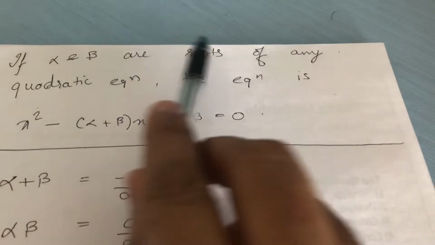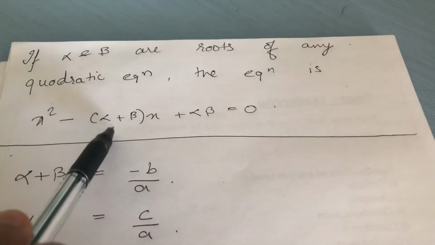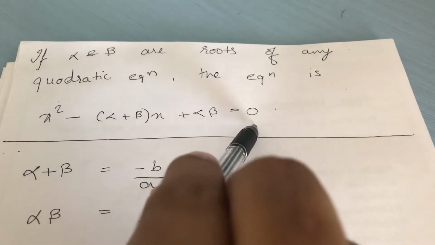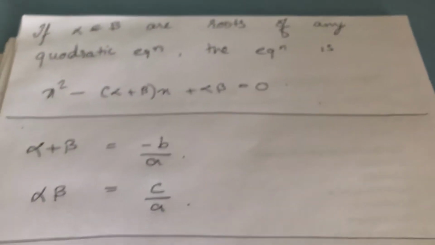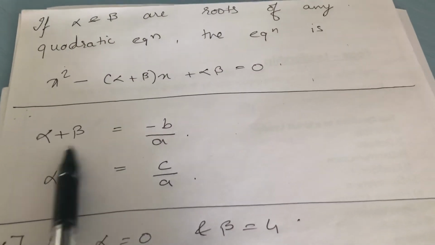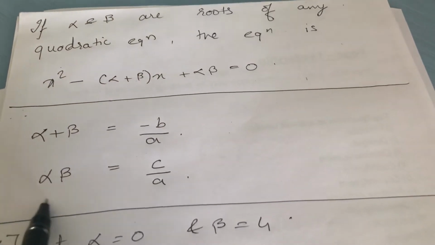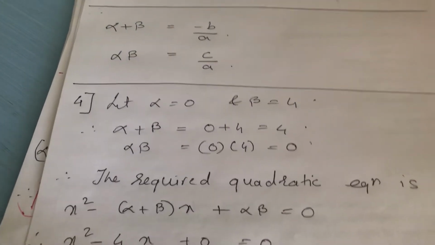So if alpha and beta are roots of any quadratic equation, then the equation is x square minus alpha plus beta x plus alpha beta is 0. Okay. Along with this, two small formulas we will learn which will be useful for the remaining exercise. Alpha plus beta equal to minus b upon a and alpha beta is c upon a. Okay. So let's move to the next question.